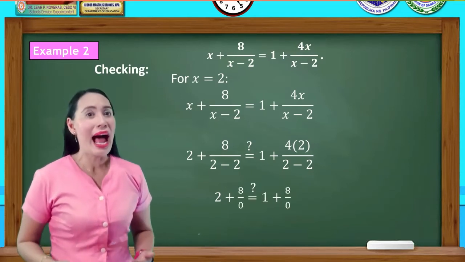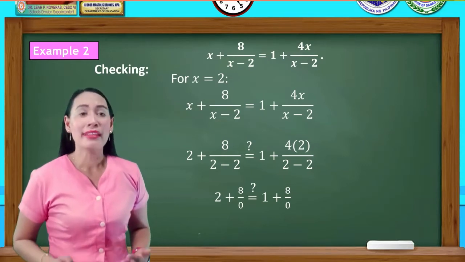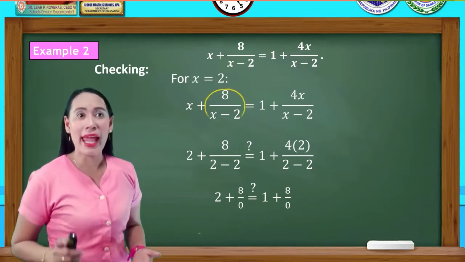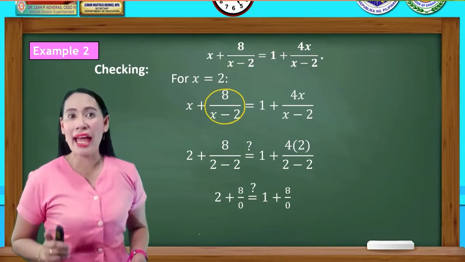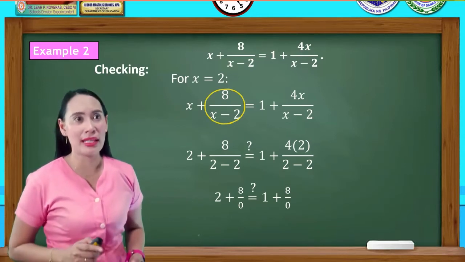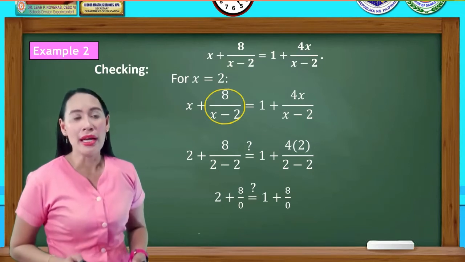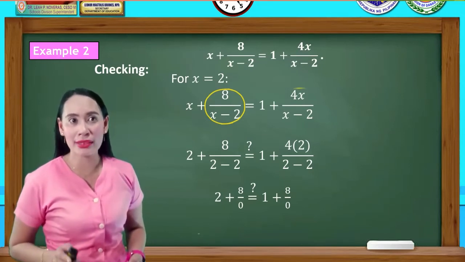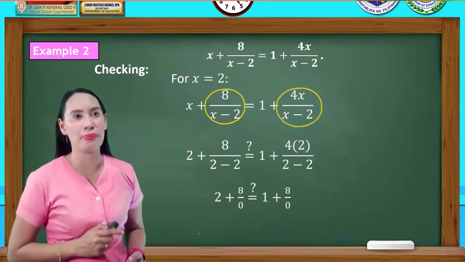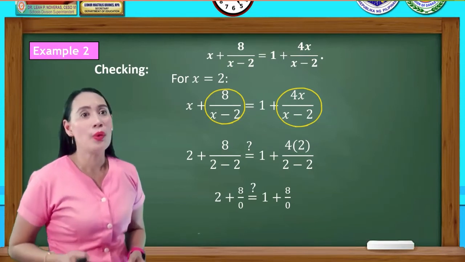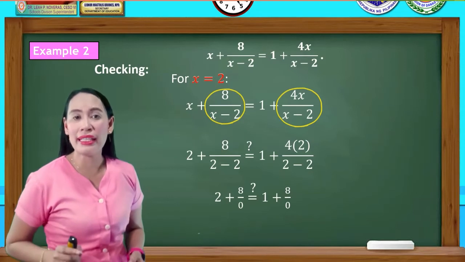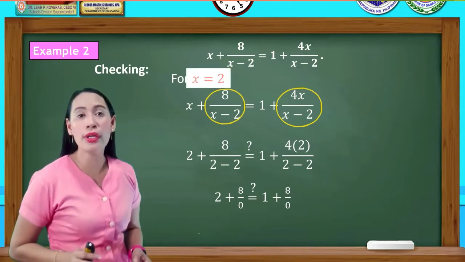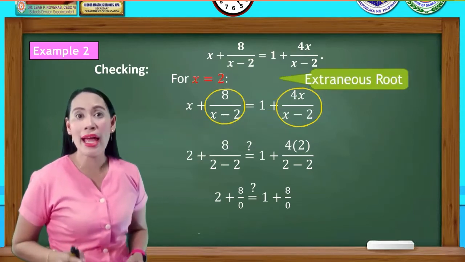Observe that at x is equal to 2, the value of the expression 8 over x minus 2 is undefined or does not exist. The same with the expression 4x over x minus 2. Hence, when x is equal to 2, 2 is an extraneous root or solution of the equation.